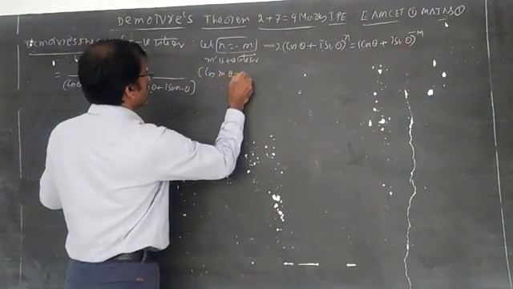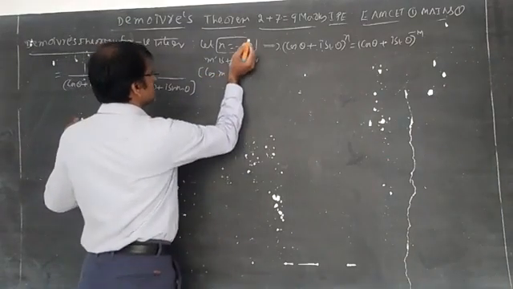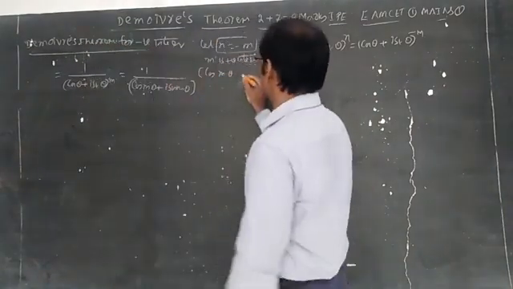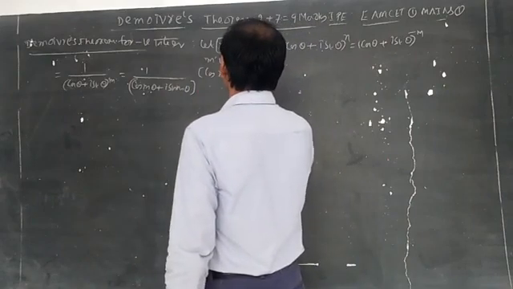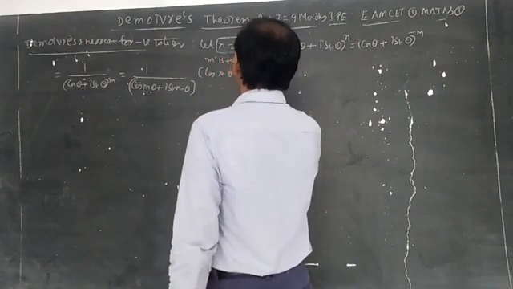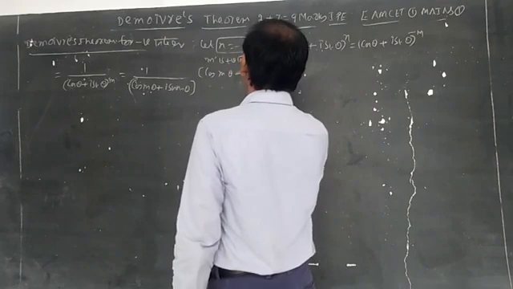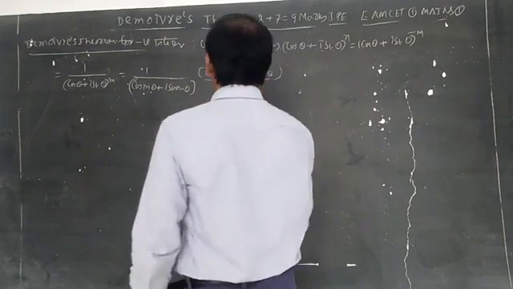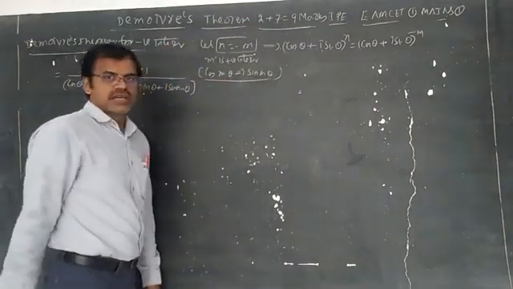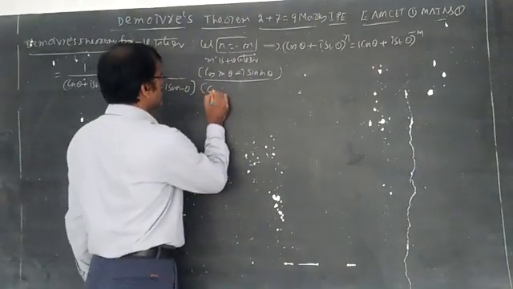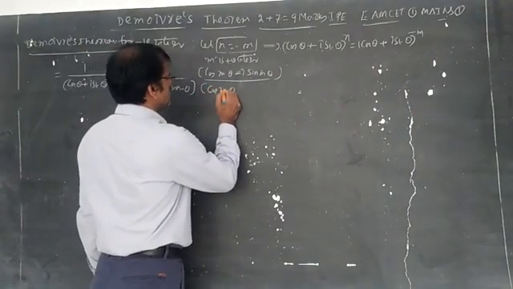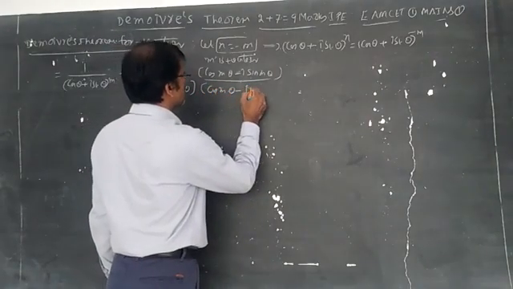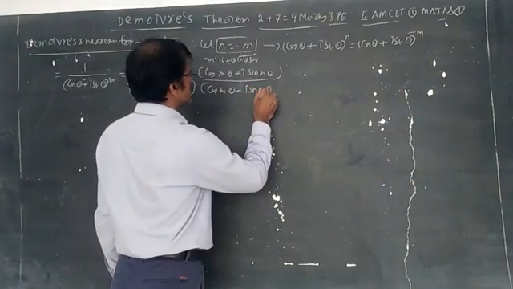Now you multiply with the opposite sign, that is, with the conjugate complex number, cos m theta minus i sin m theta. Multiply and divide like this by cos m theta minus i sin m theta.